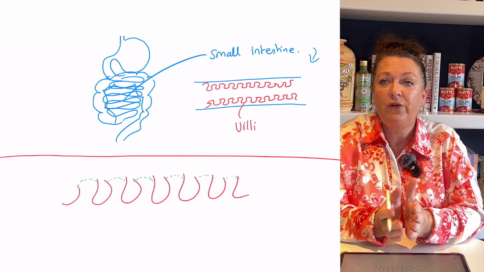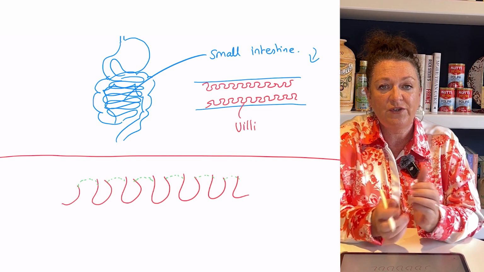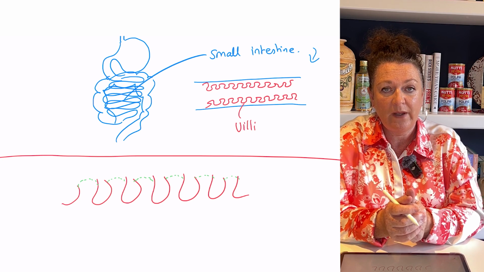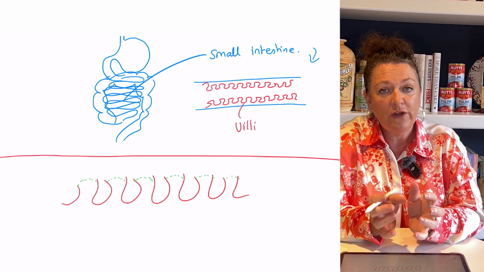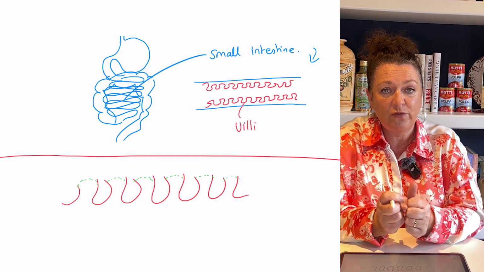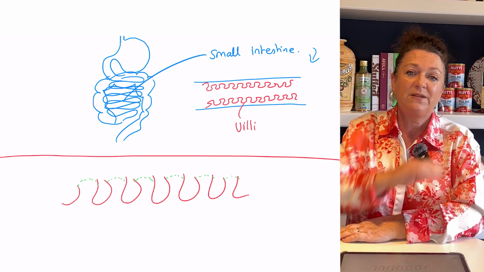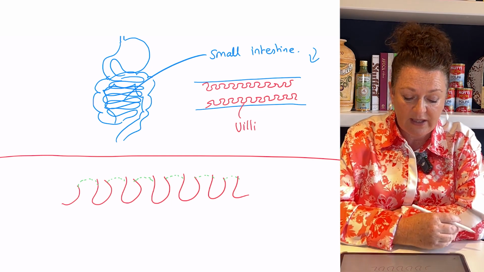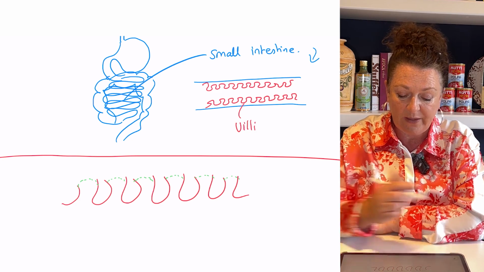Maybe the parent goes to their GP and feels that their child is just not growing as they should be. Possibly one reason is that not all of the nutrients from the food they're eating are being absorbed because of this smaller, or shall we say, less surface area on the villi.